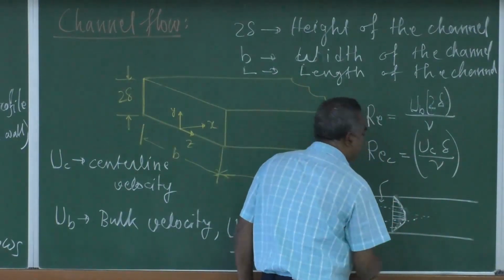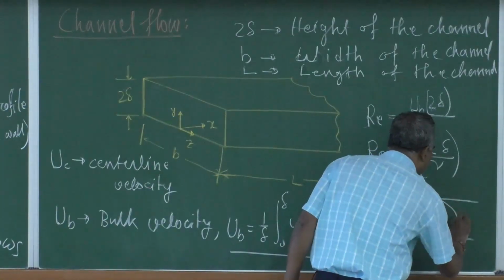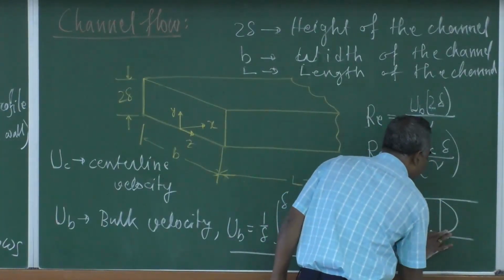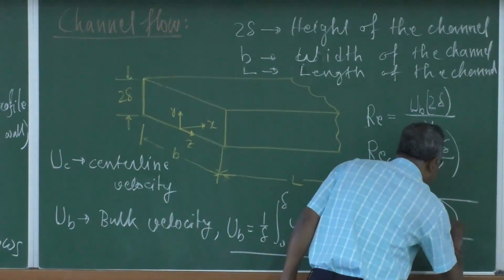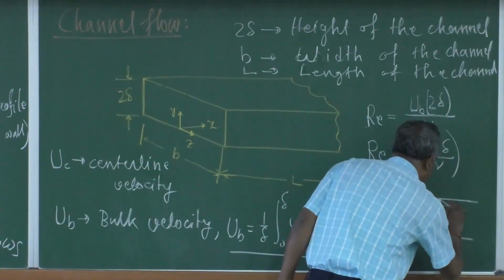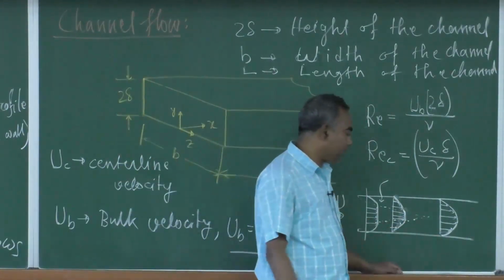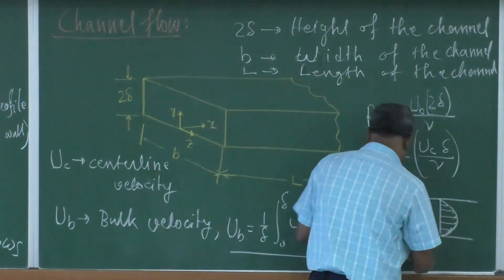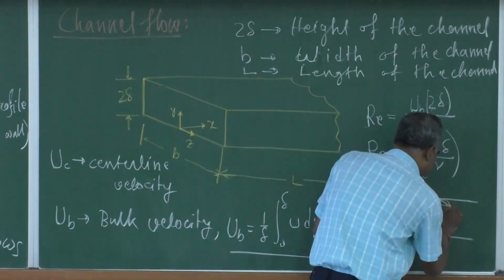Finally we get a developed region where the velocity profile for laminar flow appears parabolic. I expect that you know all this. For a laminar case, this profile will be parabolic, but for a turbulent case the profile will be fuller, and it will look like this.